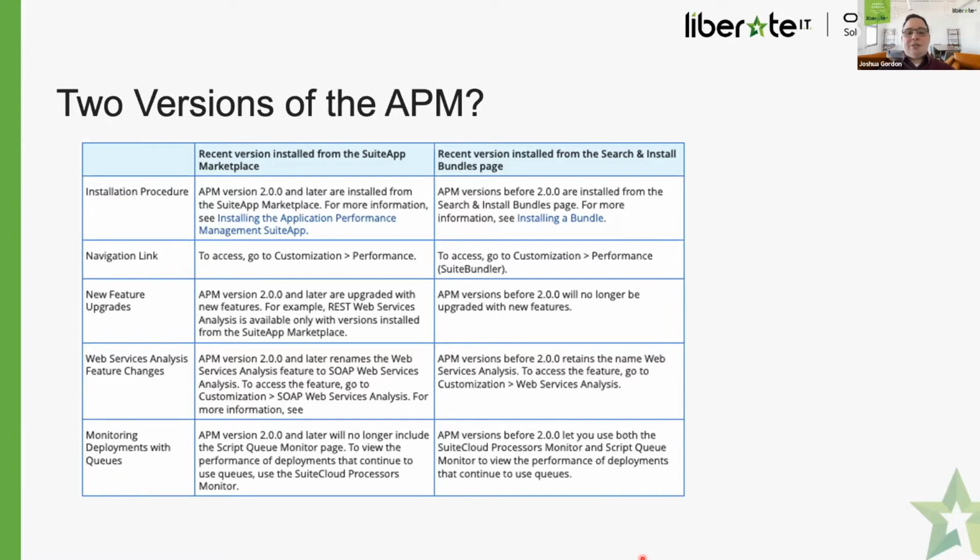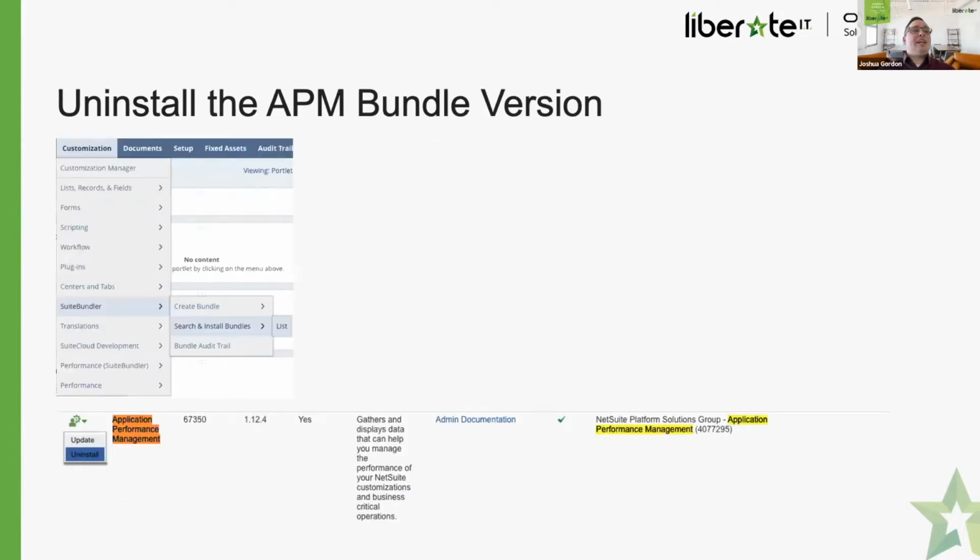So then just moving through on how we're going to get rid of that old version. Again, if you come and have a look at customization and you can't see Performance Suite Bundler, just completely disregard what I'm saying here because it's not in your system. What you will need to do though is come Customization, Suite Bundler, search and install bundles.